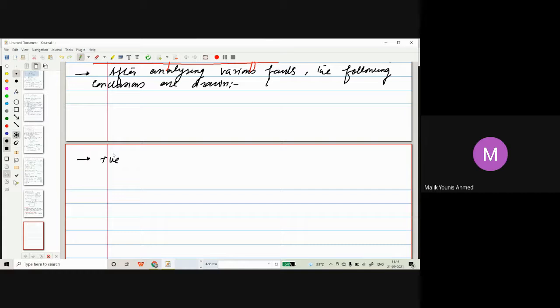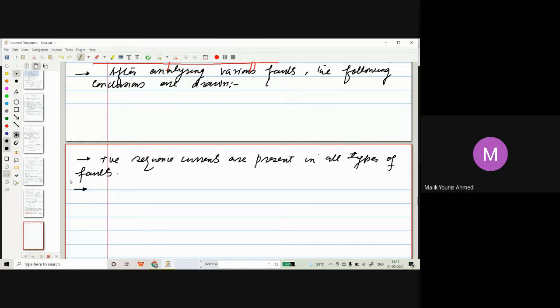Number one conclusion is positive sequence currents are present in all types of faults. So everybody agrees with me. Any fault is there, whether that's grounded or not, positive sequence will be present there. So this is the first conclusion.